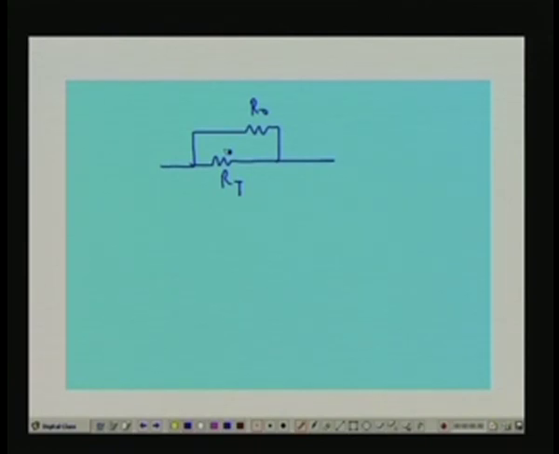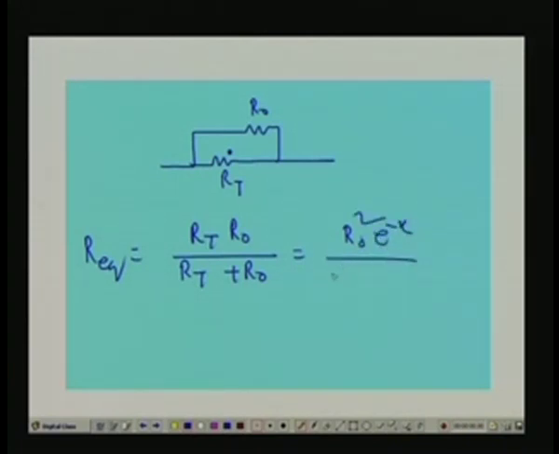So, we will get the equivalent resistance, in this case R equivalent, equal to R T R naught upon R T plus R naught, equal to R naught square e to the power minus x upon R naught times 1 plus e to the power minus x.